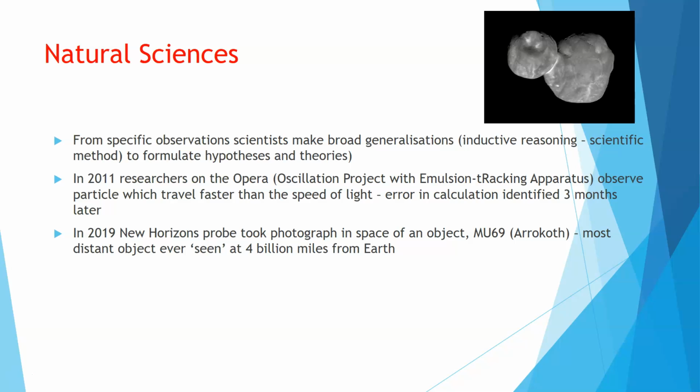Just a couple of examples here, and it's always good to use examples. So, if you happen to be writing something about natural sciences, this is one in 2011. There were some researchers that thought that they had observed a particle which travelled faster than the speed of light.